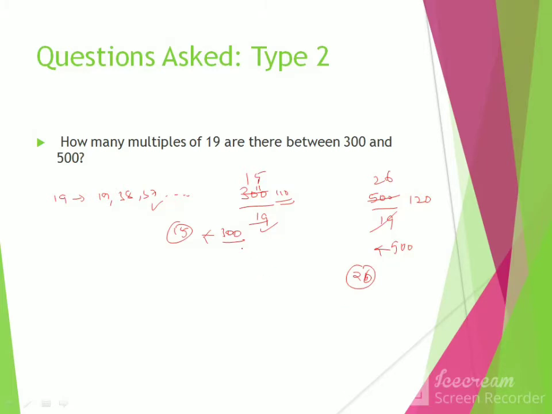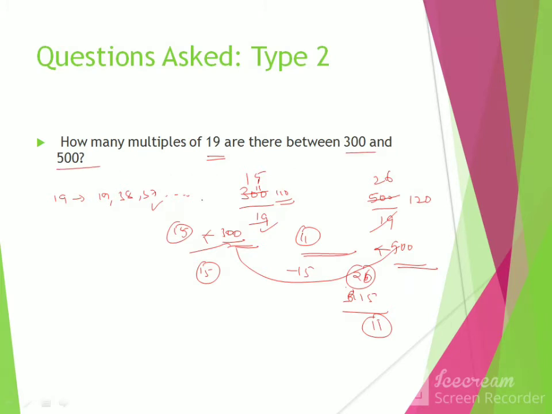Now we need only between 300 and 500. So before 300, 15 are there. Those 15 we can discard from this 26. We are getting 11. That means 11 numbers are there between 300 and 500 which are multiples of 19.